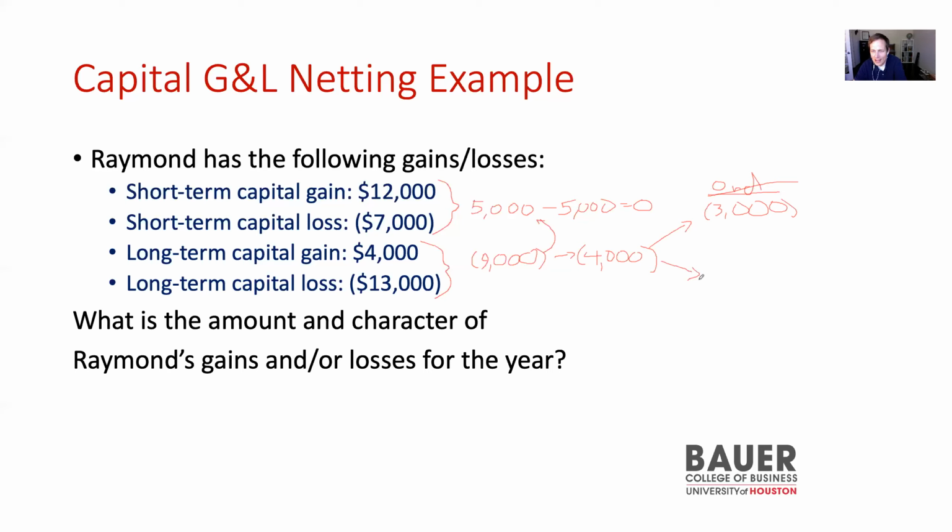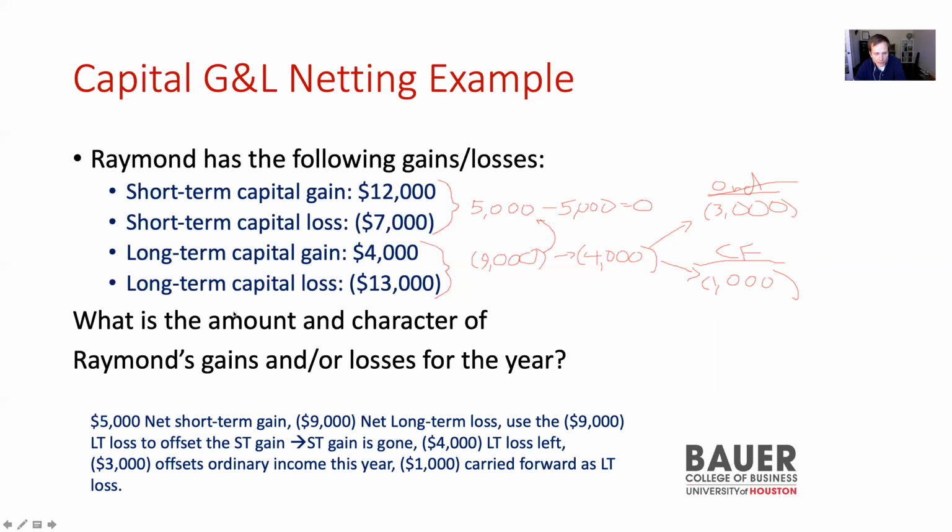And then I still have $1,000 of the loss left. What I'm going to do is carry it forward. So next year, when I start, I'm going to treat it as if I had a long-term capital loss of $1,000 on top of whatever else happens during the year. And I can carry it forward every year until I have gains or income to offset.